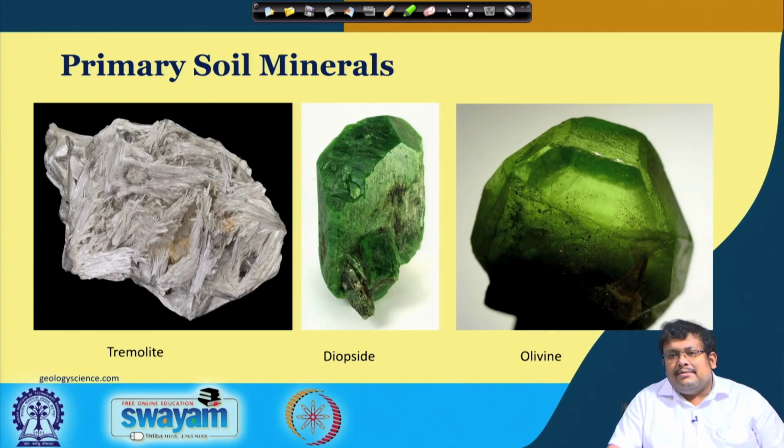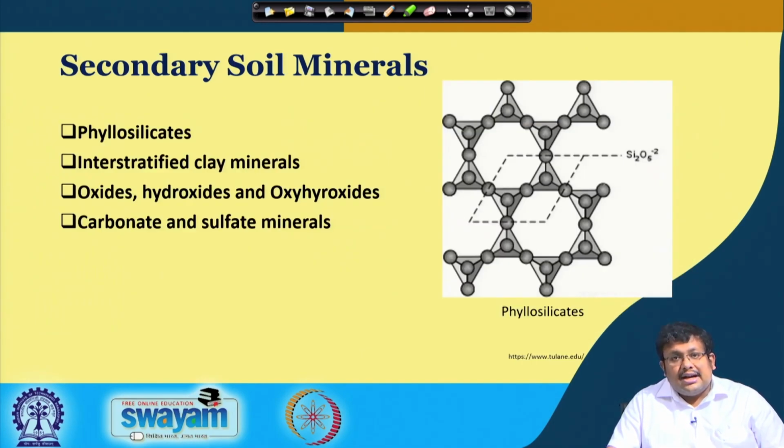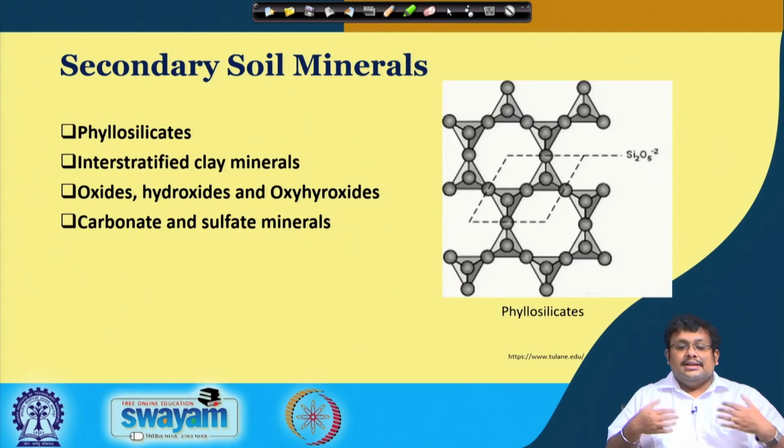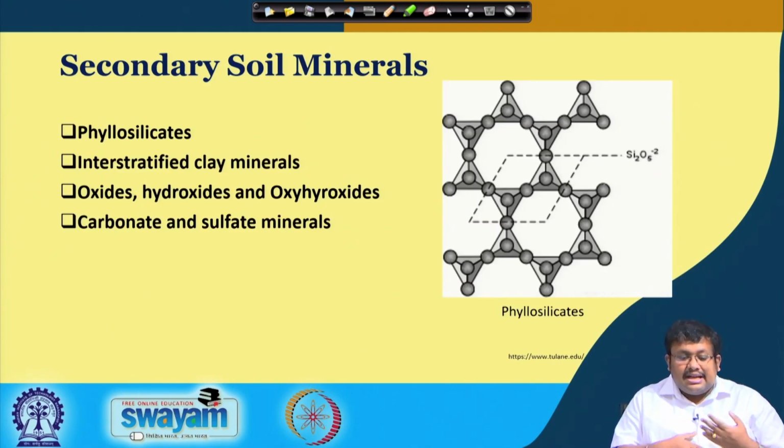All these primary minerals form the skeleton of the soil, that means the sand and silt fraction. And whenever we go from the primary minerals to the secondary soil minerals, the chemical nature gets changed.